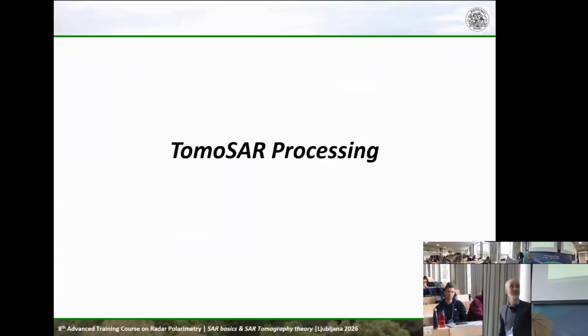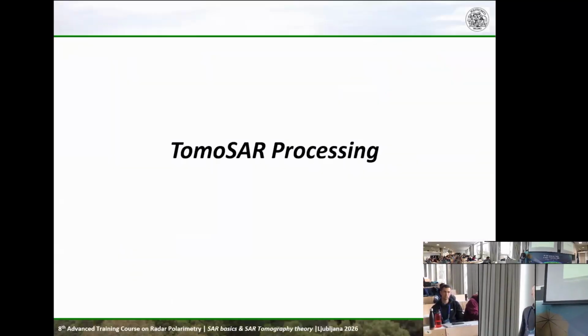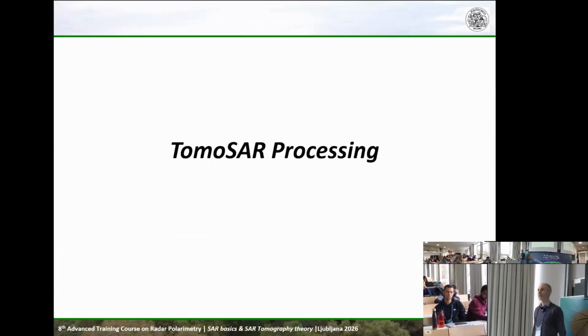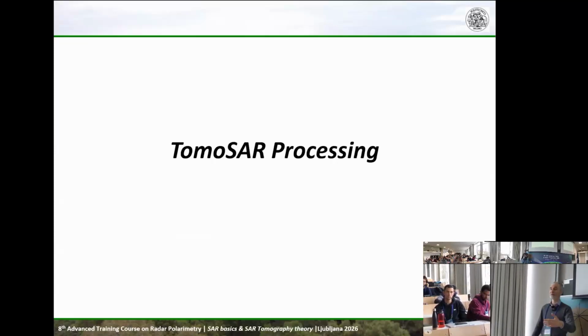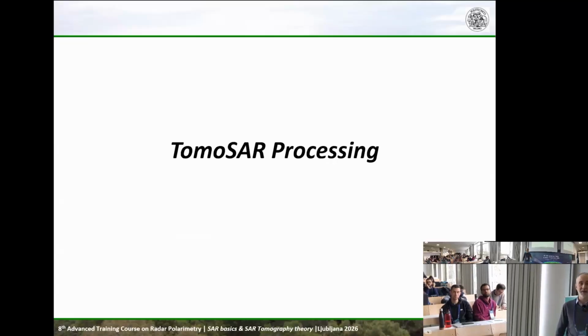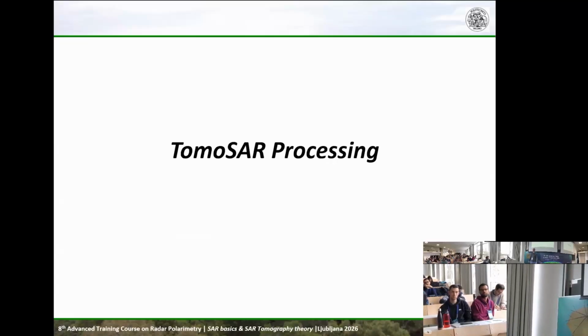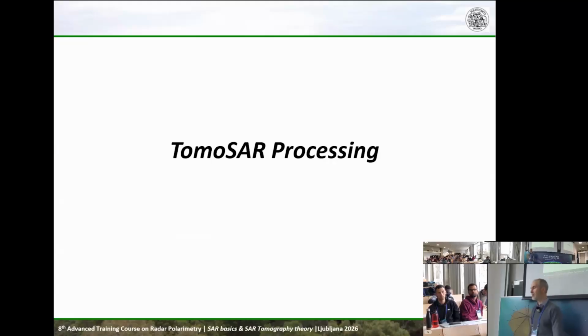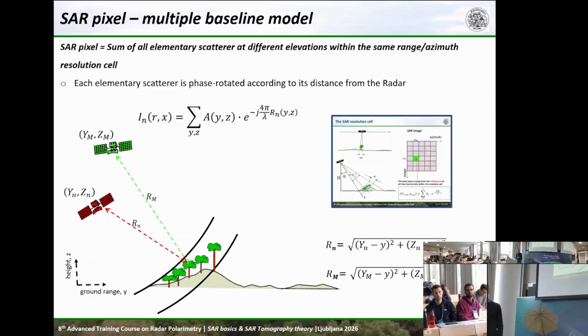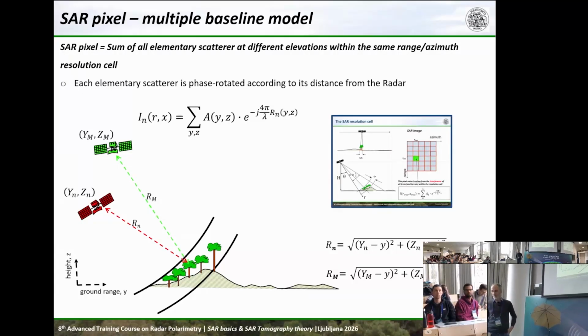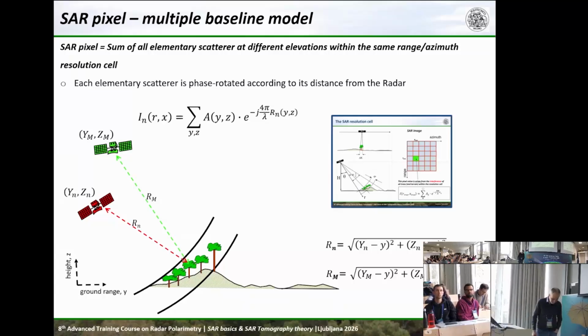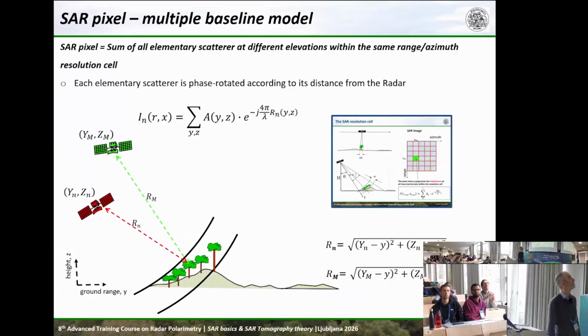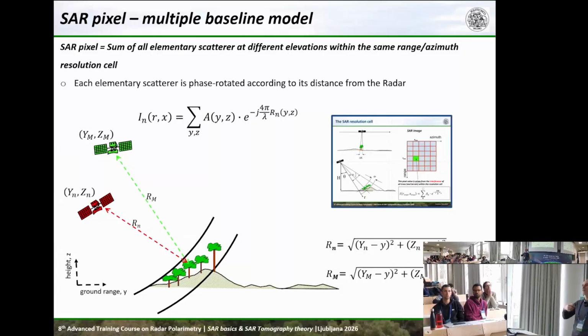Now, some technicalities, because this afternoon you are supposed to do tomography yourself, starting from a bunch of images. So I just wanted to show you how this is done more practically. So we start from the same expression as we saw before when we commented on interference.